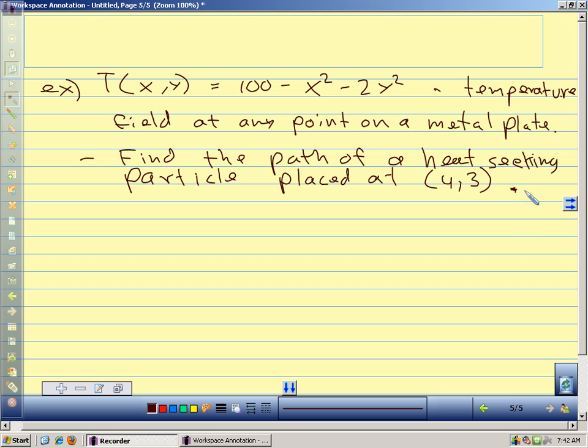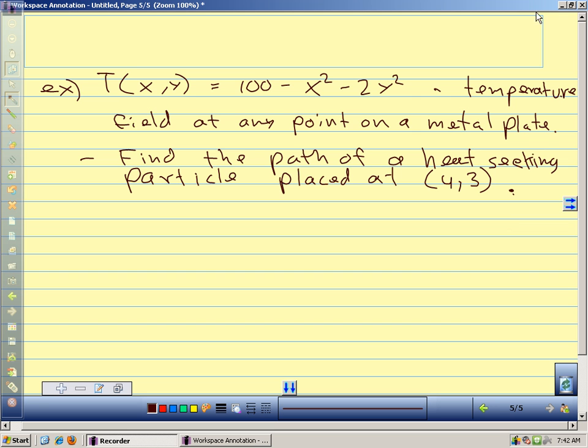So we'll leave aside the question of what exactly a heat-seeking particle is at this point, because it's not important. All that's important is the math that we're going to do here. We want to find an equation for the path of this particle.